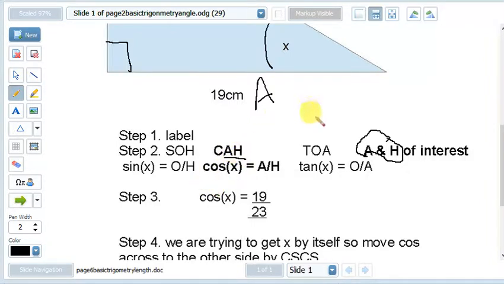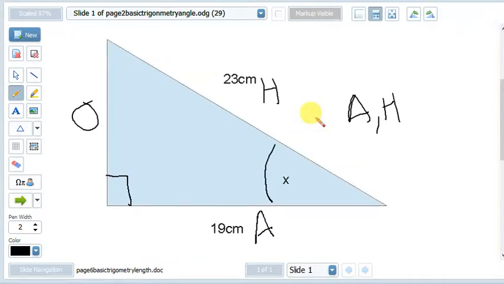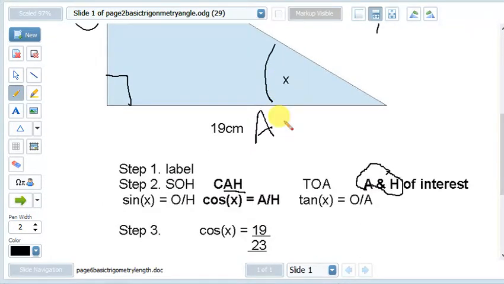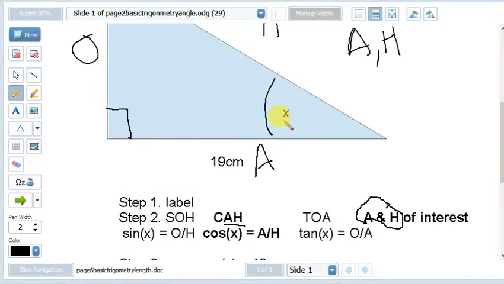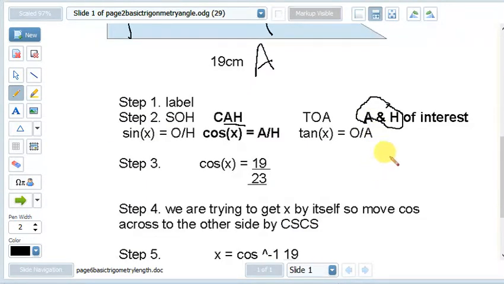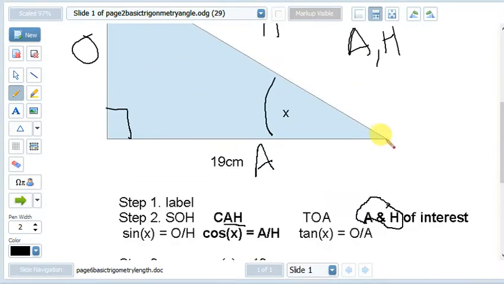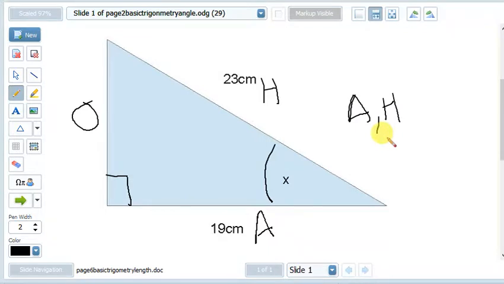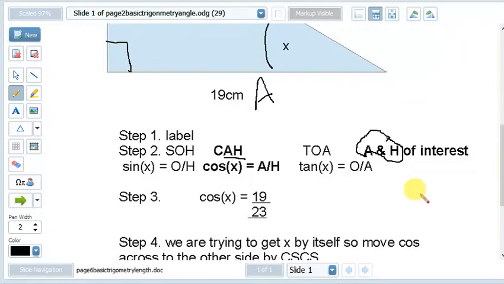So what we do is we substitute our numbers 19 and 23 in for A and H. So let's just write it down here. So A equals 19, and the H from the diagram equals 23.